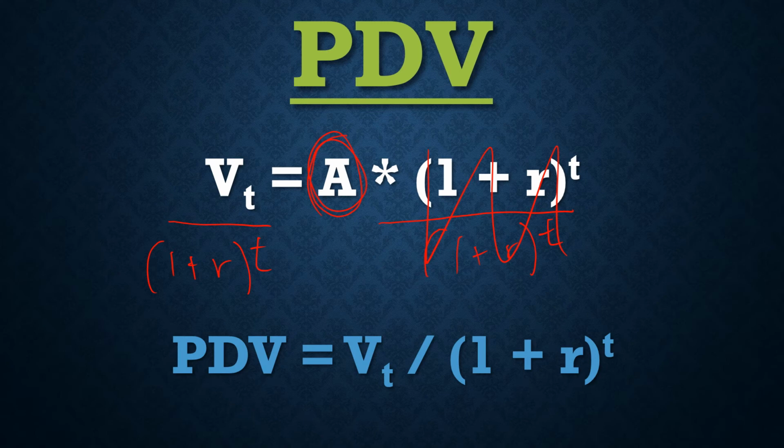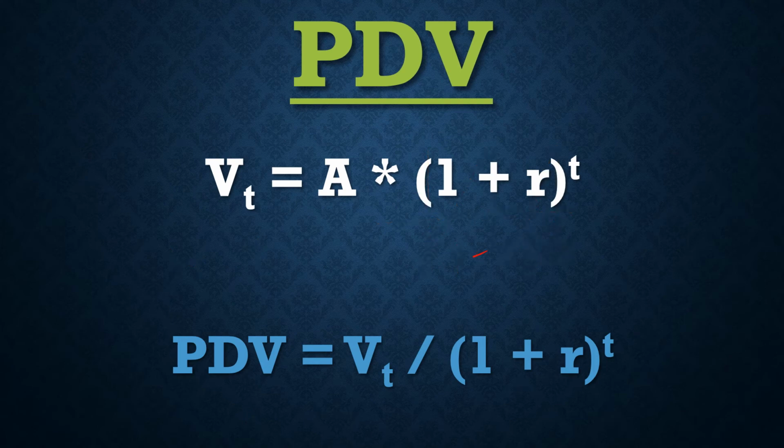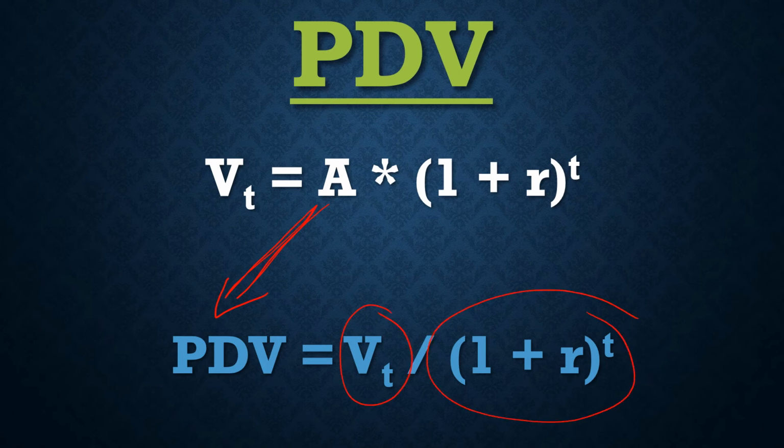Well, that's what the present discounted value is. It's just a fill in for that variable A, but we don't know how much money we have, and so we're solving things backwards. So present discounted value is essentially like solving this top equation, but solving it for A. We just call that our present discounted value because we're taking that future payment, discounting it through time and seeing what it is now currently equivalent to in today's dollar terms.